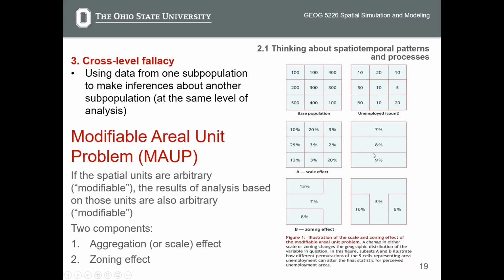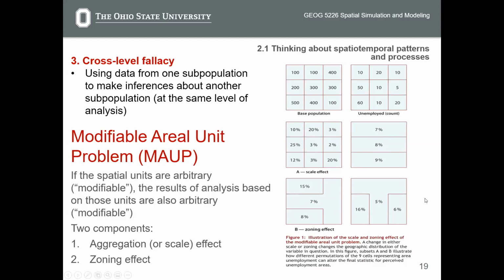And this is a scale issue because obviously the new units are larger than the original units. And here we use different zoning methods, from 9 units to 3 units. And now even if we use the same zoning method to divide the whole area into 3 units, 7, 8, 9, but if we use another method to do the same zoning, 15, 7, 8, 16, 5, 6.